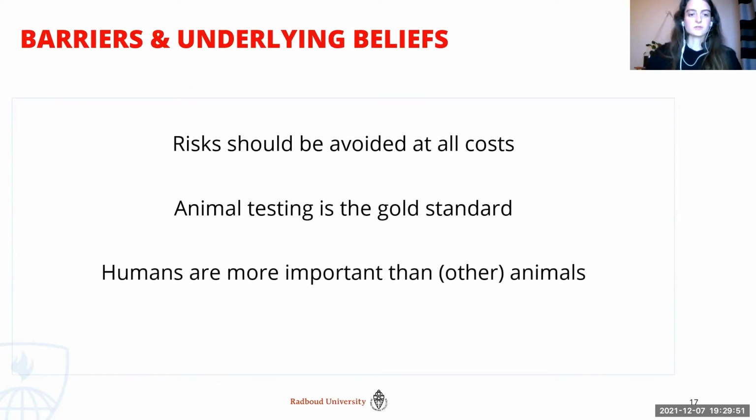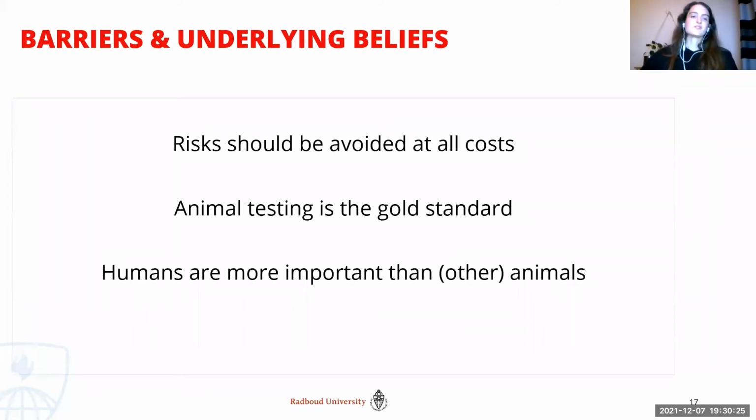And then there is also the belief that humans are more important than other animals. I've put other between parentheses because I would say other animals. You know, I would say humans are also a species of animals. But there is quite a hardcore belief in society that humans are not animals. And you could even say that that underlies this belief, that you first have the separation of humans and animals, and then you also have the hierarchy that humans are more important than other animals.